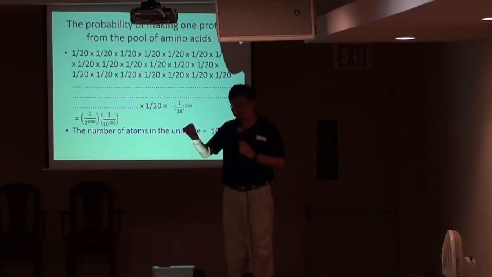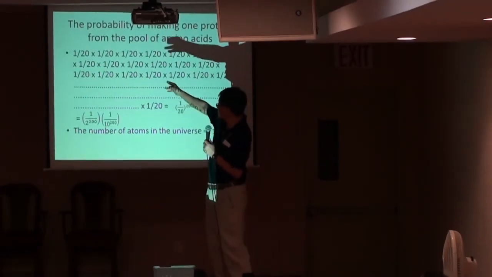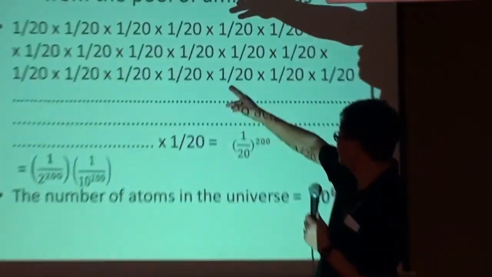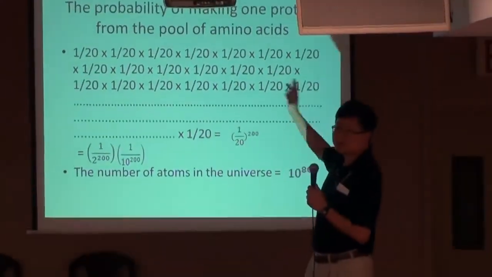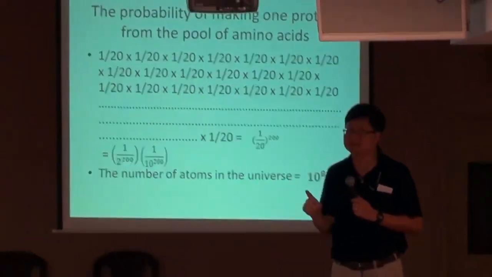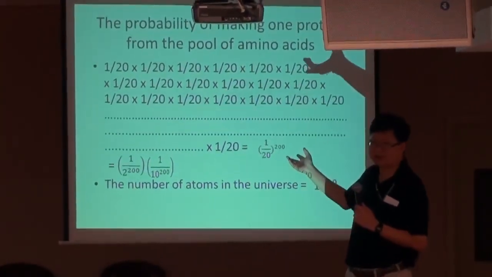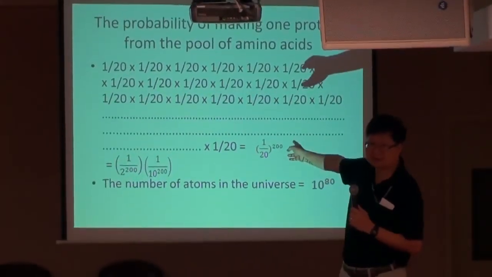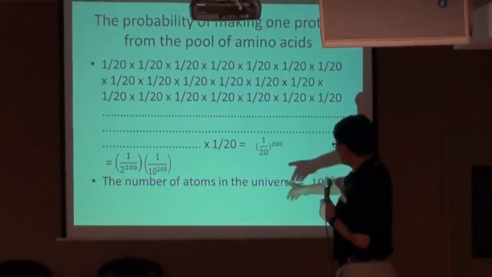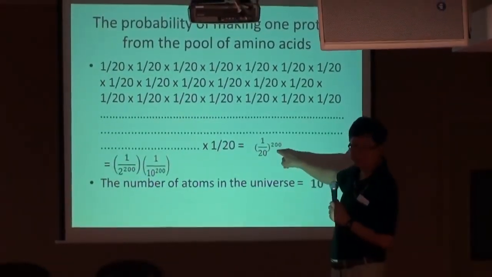At least 200. So 1/20 times 1/20 times 1/20, at least 200 times. That's the probability you can make the simplest protein. If it's a complex protein, at least 500 times. So that's the result: 1/20 to the 200th power.